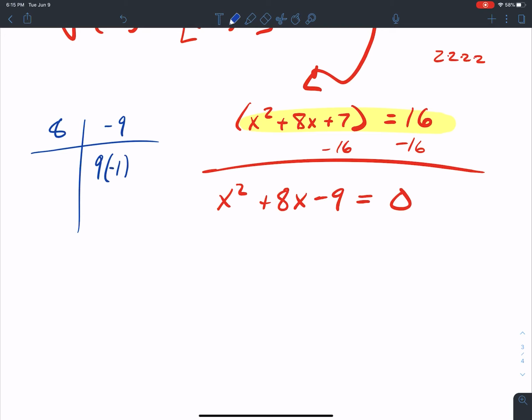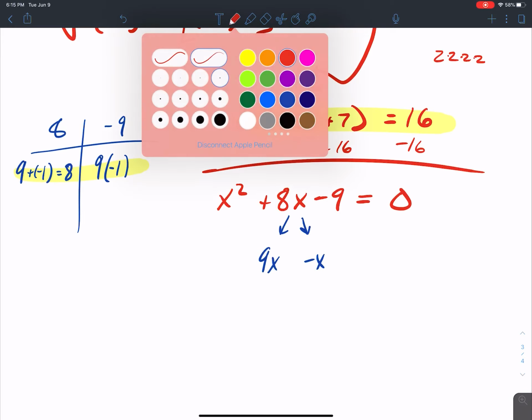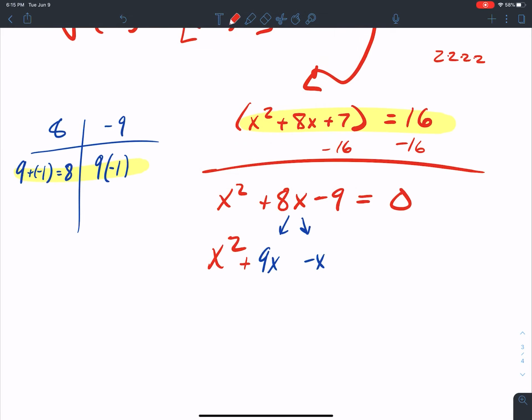If I make the 1 negative, 9 plus a -1 is 8, and that's what I want. So this becomes 9x and then minus x, and then I have x squared and minus 9 brought down here.